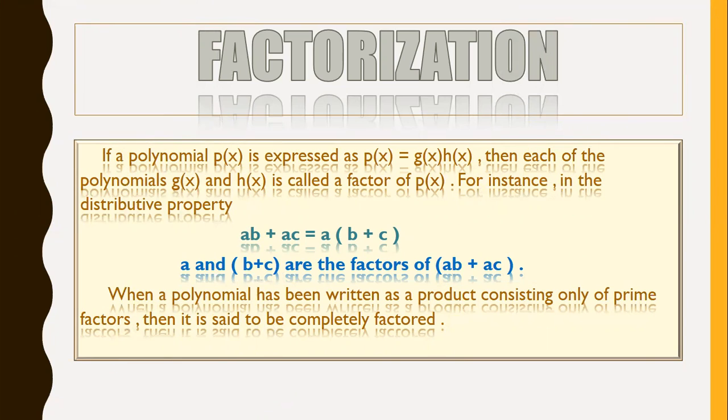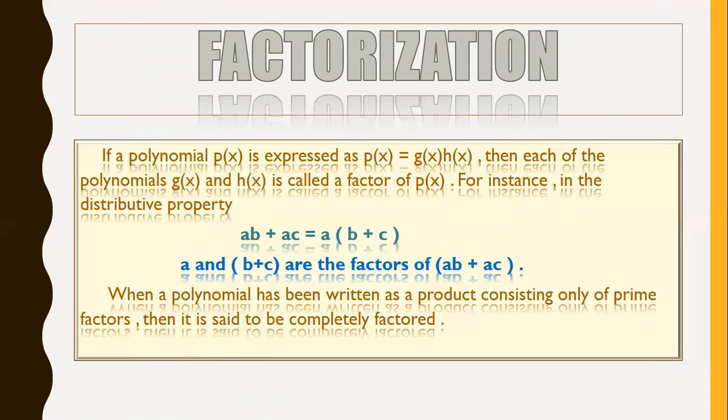There is the definition of factorization. If a polynomial p(x) is expressed as p(x) equal to g(x) times h(x), then g(x) and h(x) are the factors of p(x). Each of the polynomials is called a factor of p(x). For instance, in the distributive property, ab plus ac is a into b plus c.